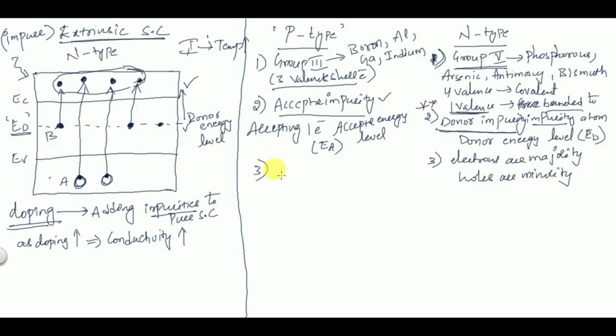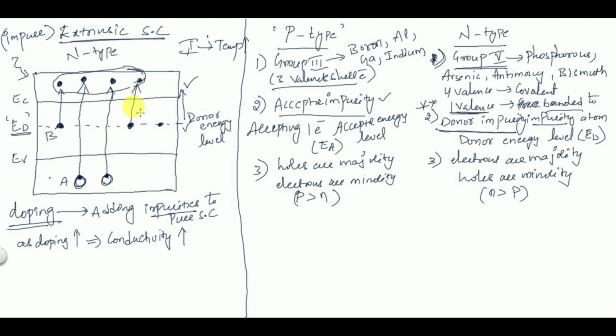Exactly opposite here: holes are majority carriers and electrons are minority carriers. That is, n is greater than p here, and p is greater than n here. Okay, understood? Why is it called majority carriers? The explanation is important, so you have to learn it in that way.